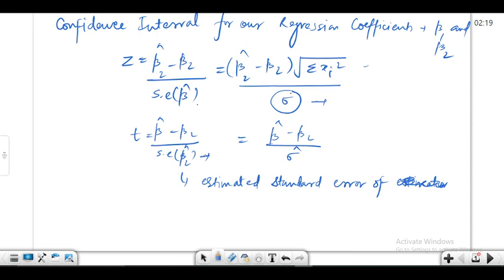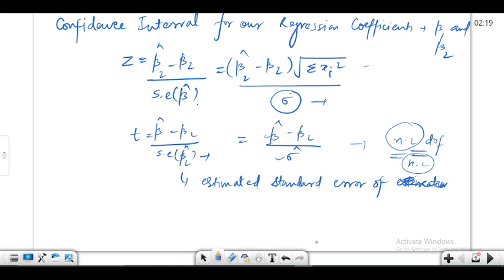So this t distribution or t statistic follows n minus 2 degrees of freedom. So basically there are two unknowns here. Okay, so that is why your degrees of freedom is restricted by two variables. That is why we have n minus 2.